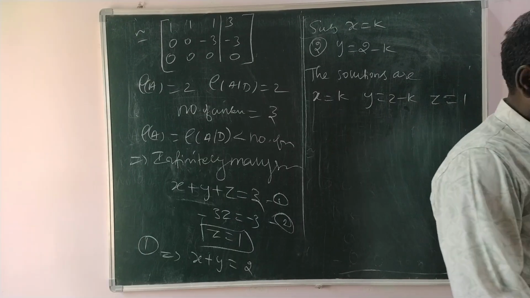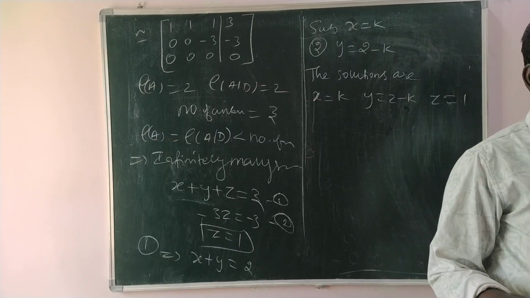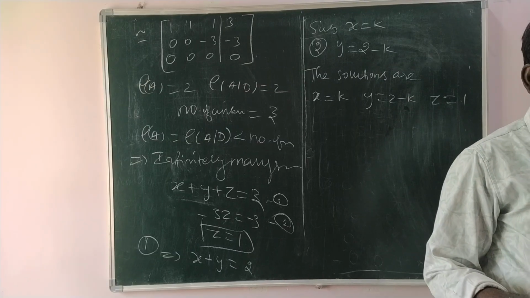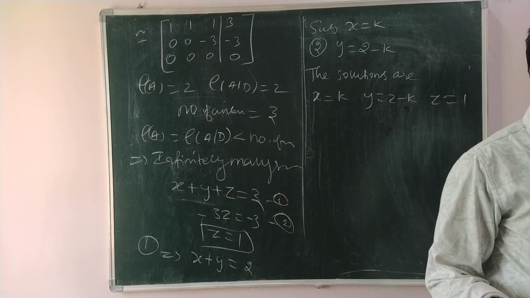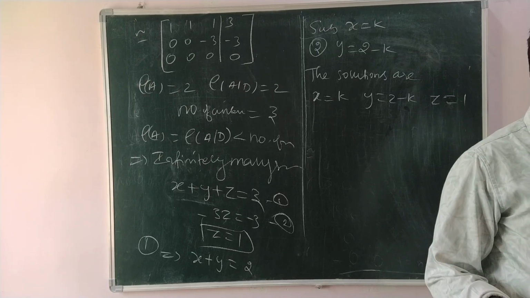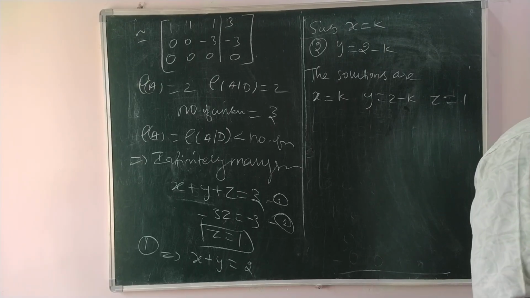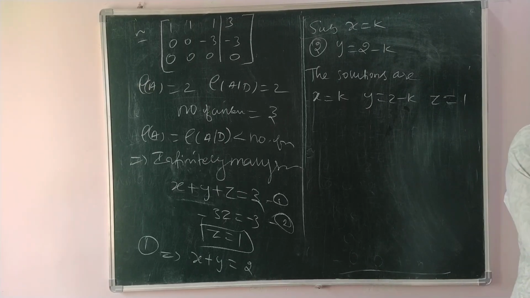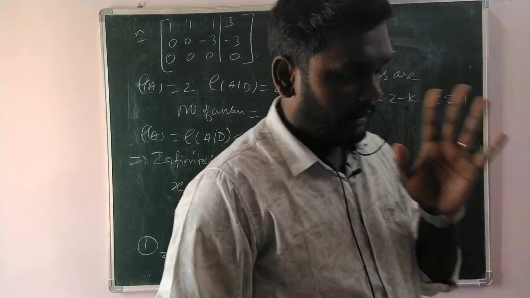That's what they have said in the book, that in case of an infinite number of solutions, we express the values of the variables in n minus lambda parameters. Lambda here means the rank. So I'll explain that point.